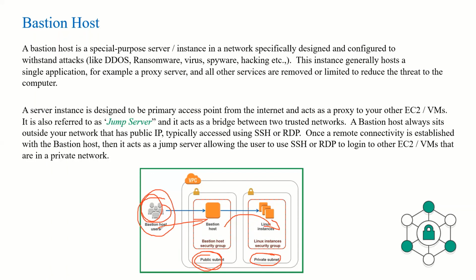So from here to here, let me erase this. So from the internet, if the user wants to connect directly from here to here, it is not at all possible because there is no public IP address enabled.